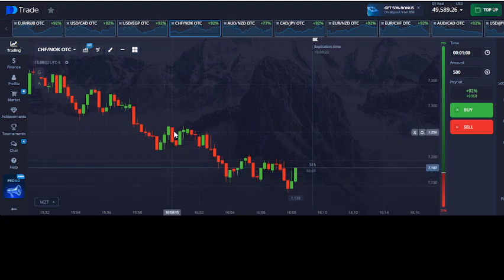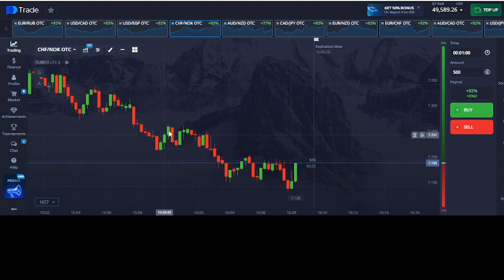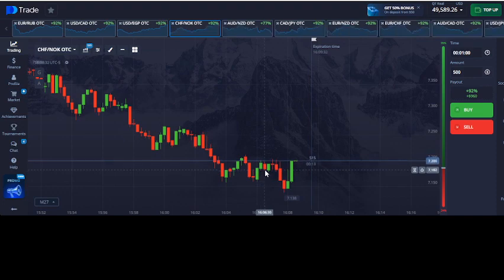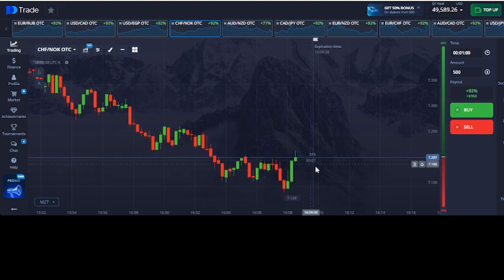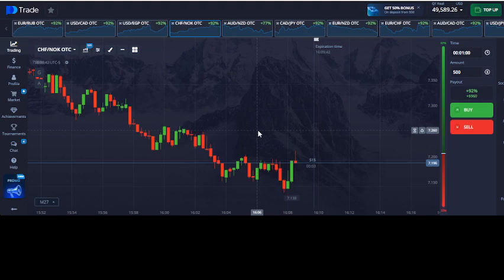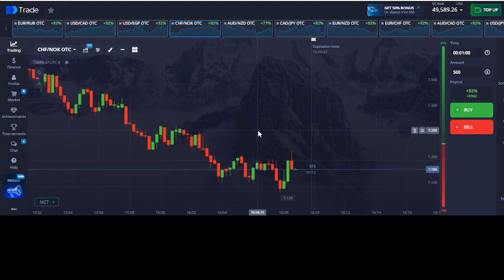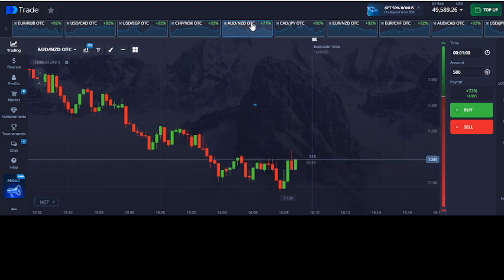If you notice, lower low, higher low, lower low, higher low. All right, looks like a change of structure. Let's leave that one alone.